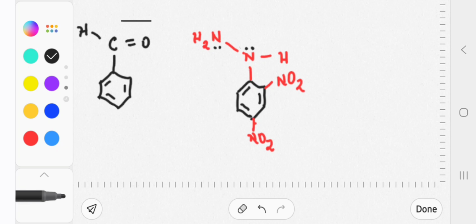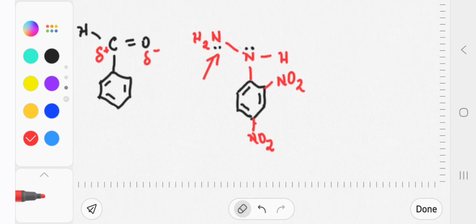If you look at this carbon here, this carbon is very much positive because it's directly under the influence of so many withdrawing groups. You can see oxygen is directly attached to the carbon, so here is delta positive, here is delta negative. If this nucleophile is going to react, it's going to attack the carbon here that is positive because it's more electron deficient.